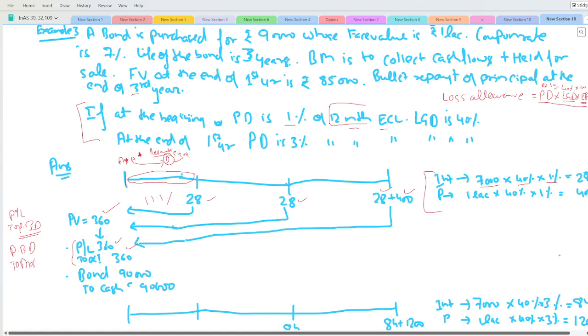At the time of creating the provision, you are not touching the debtors. But when the debtor is actually impaired, then you are reducing the debtors balance. At the time of creating the provisions, you are not touching the debtor's balance. Try to understand this.